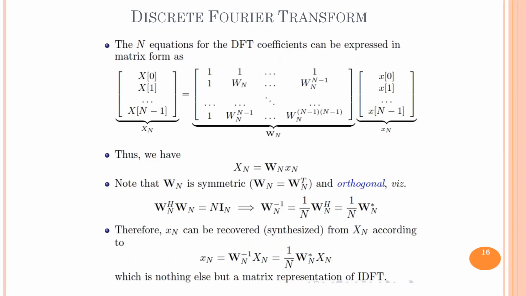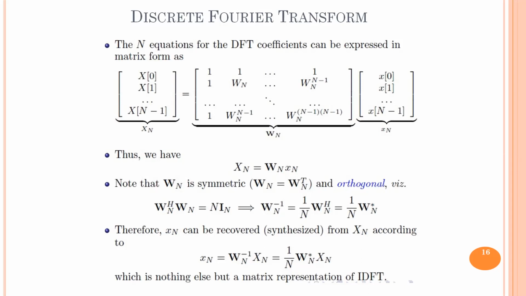So here x of k is equivalent to x of n multiplied by the twiddle factor. In terms of matrices, we are writing x of k on the left side, and the twiddle factor matrix, if you implement it, you will get 1 1 1 1, and the next row is 1, omega N power 1, omega N power 2, omega N power 3, and so on up to omega N power N minus 1.